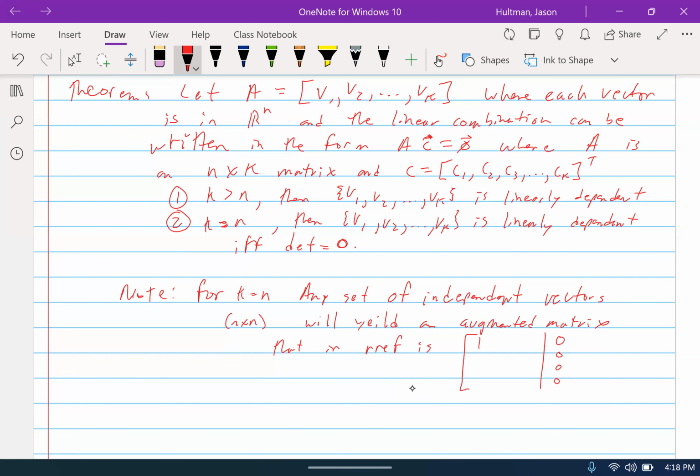So we get 1, 0, 0, 0, 1, 0, and so on. That's if it's independent, which is good. We like independent. We don't like it so much when they're dependent. Independent's good because then I can get a unique solution.